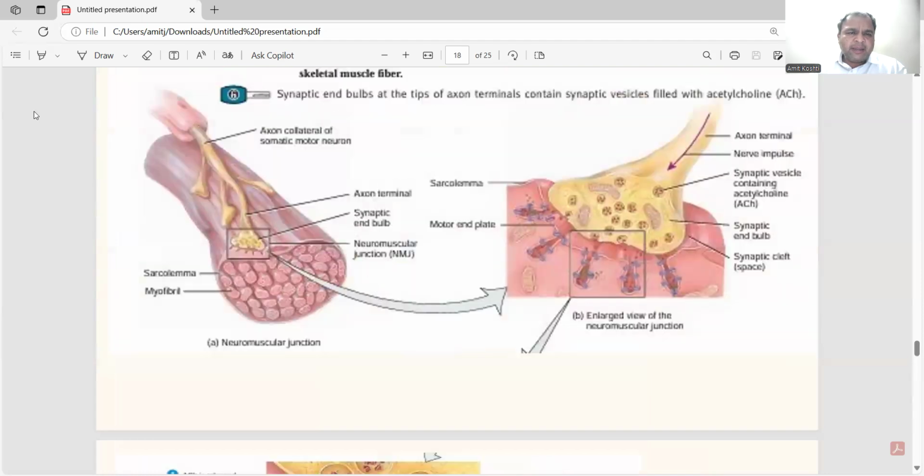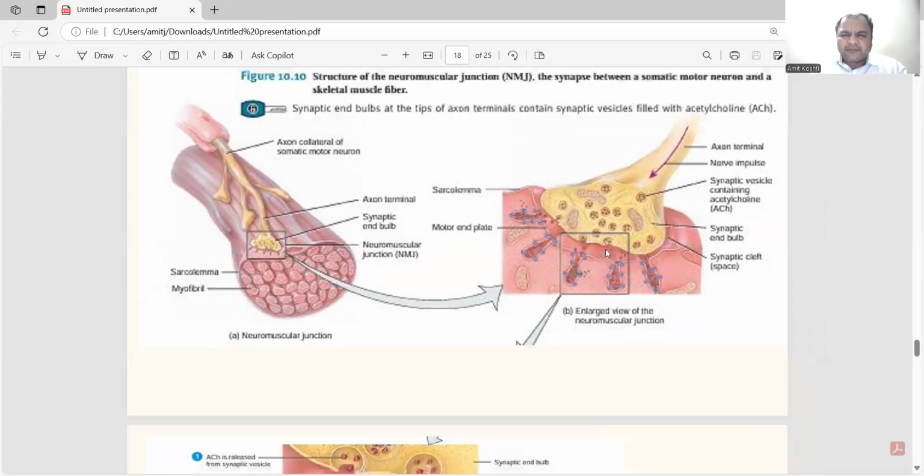Again I am repeating: this is the neuron and axon, and the axon terminal has the synaptic end bulb. This has synaptic vesicles containing acetylcholine. The acetylcholine is released into the physical gap called the synapse. This part is called the motor end plate. The motor end plate has a plasma membrane with millions of receptors.